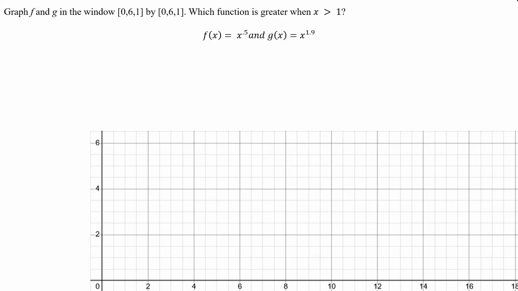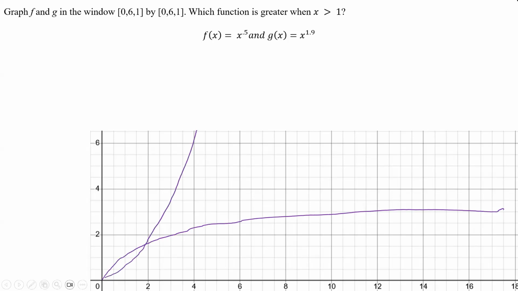And so my 0.5 is going to go something like that, and we want it at 1.